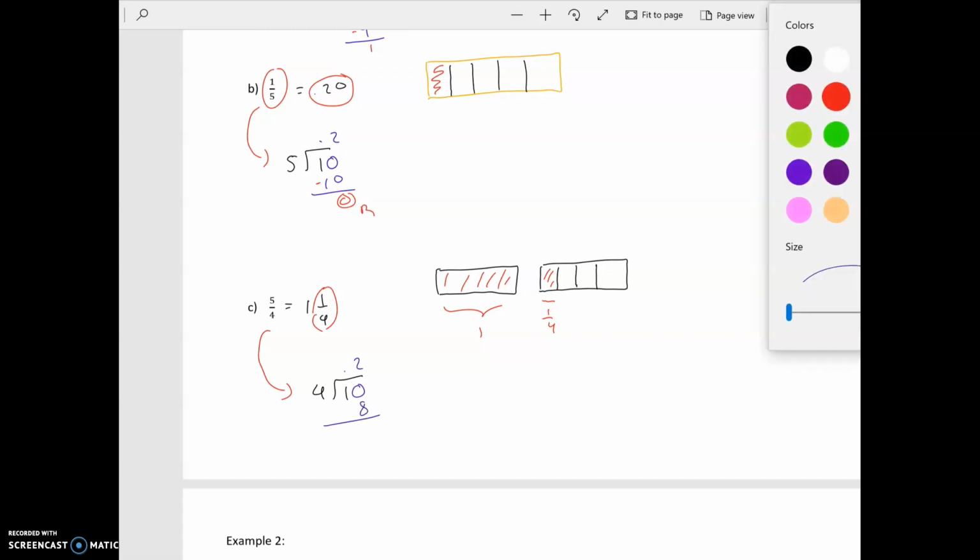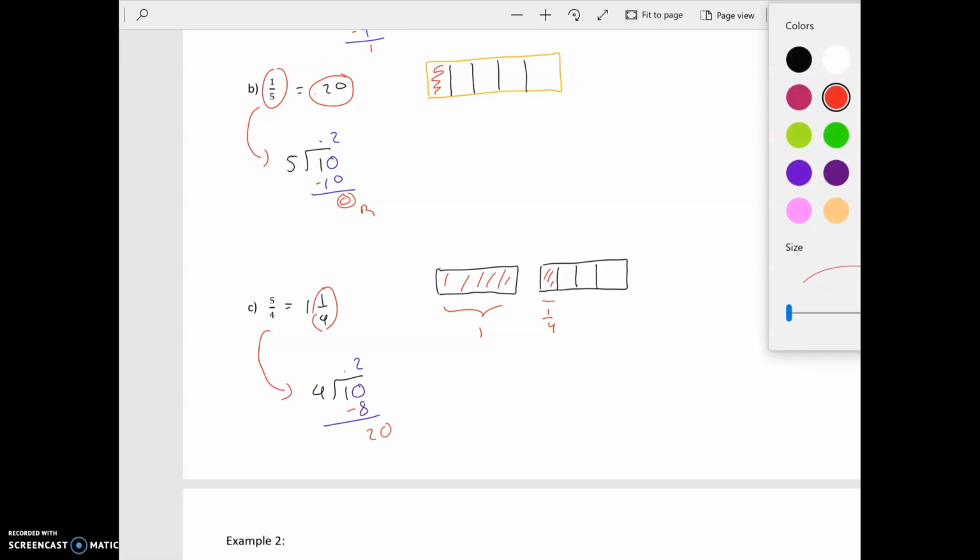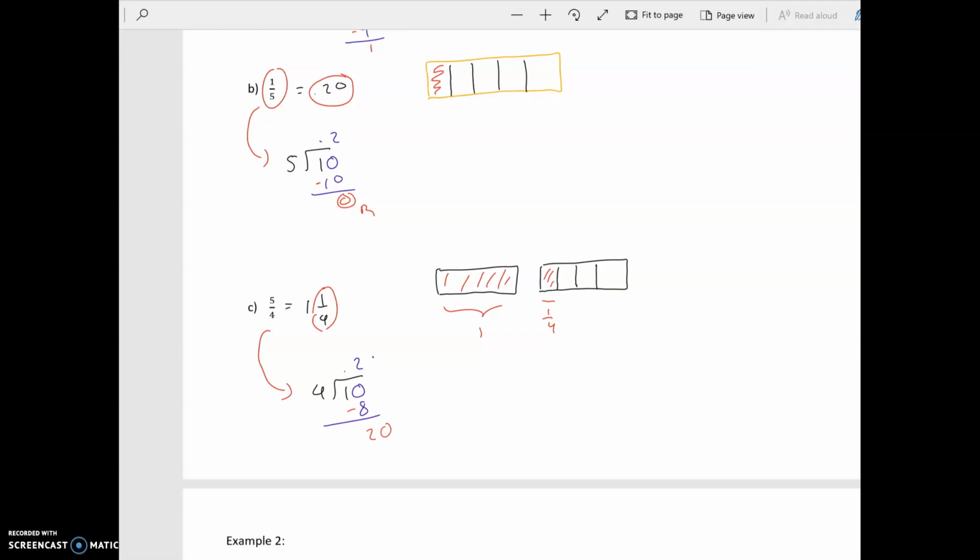After we subtract, we get 2 and drop another 0. This is going to close here because 4 times 5 is equal to 20. Your remainder is actually going to be 0. So in this case, this is 1.25 as our final answer.